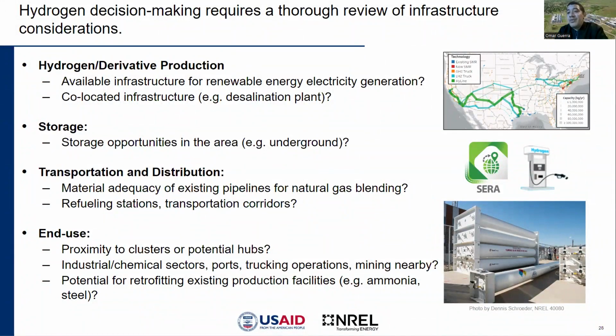For example, if you have an ammonia plant that is using hydrogen from steam methane reforming, then you could deploy renewable hydrogen technology near this ammonia or steel plant to reduce the carbon footprint of that ammonia. And those opportunities are already in place today. So you don't need to wait for a new demand for hydrogen to be created. Next, please.